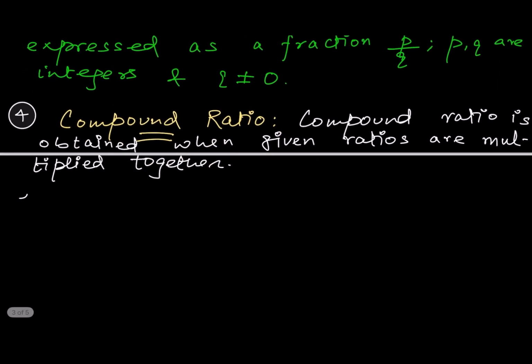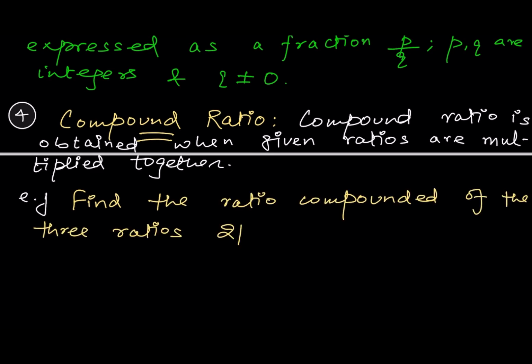For example, find the ratio compounded of the three ratios 2p is to 3q, 3pq is to 5r cube, r is to p. So we have to multiply all these ratios, or multiply antecedent by antecedent and consequent by consequent, to get new antecedent and new consequent.